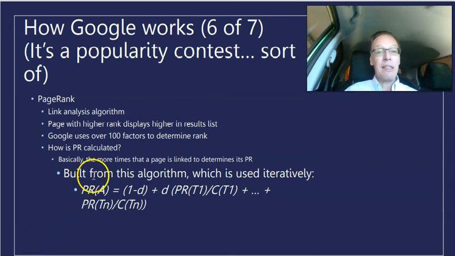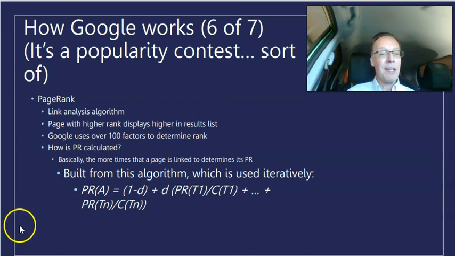So this is a high-level representation of one part of their algorithm, the PageRank portion. And again, as a business owner, you probably don't need to go into much more detail. I am past the 5-minute mark, so let me stop here.